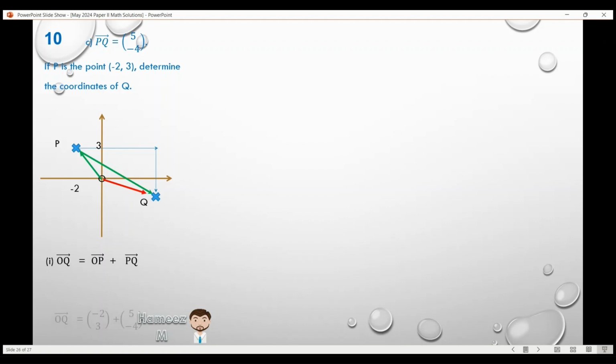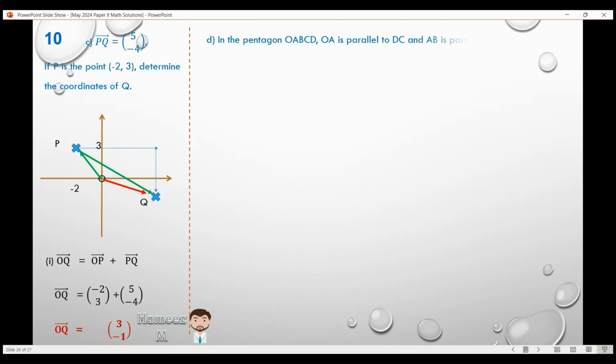Yes, it's given as 2 to the left and 3 up. So that's minus 2, 3. And then 5 minus 4. So when we add them, minus 2 plus 5 is 3. And 3 plus minus 4 is minus 1. So that's OQ. And you can tell we're correct because Q looks like it's 3 to the right and 1 down, in the fourth quadrant.